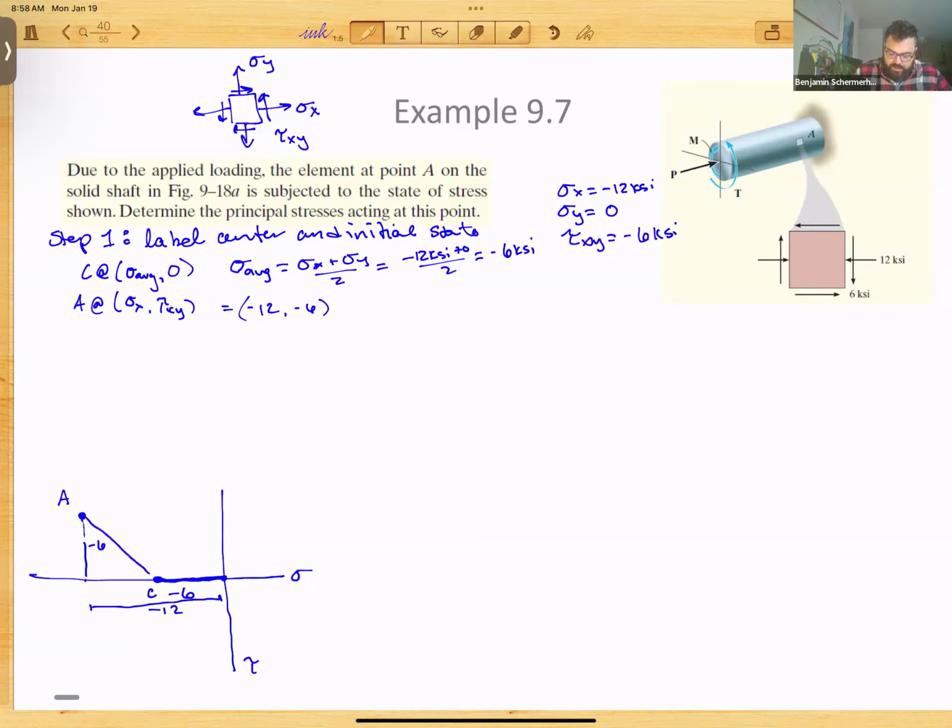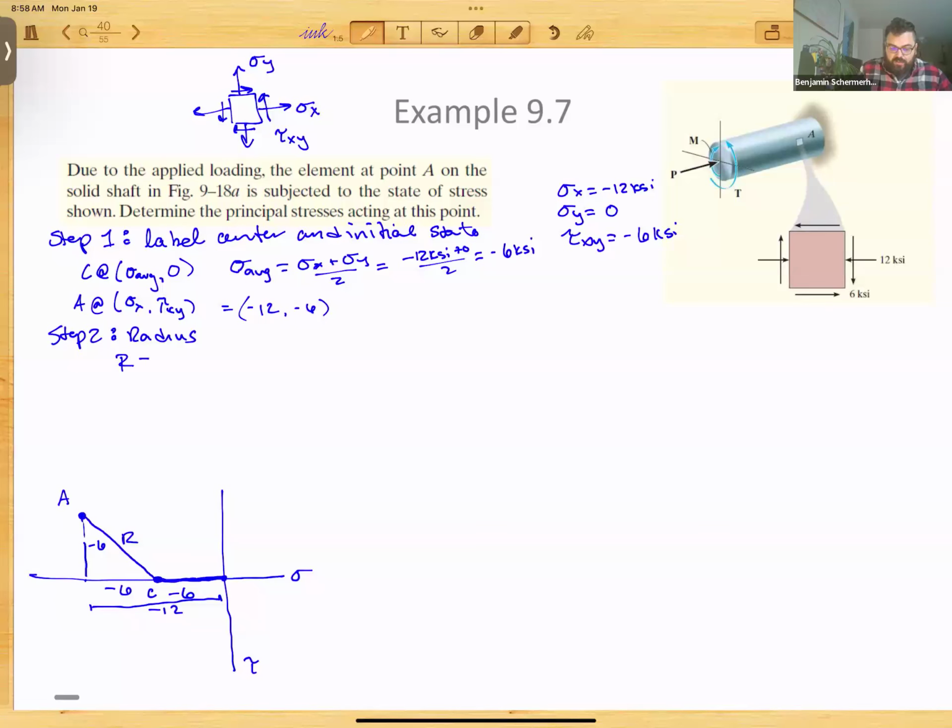Step 2 is the radius, which is going to connect points A and C. The point of doing the circle is that I can just look at this now and know what all of the values are that I need. It's going to be the square root of 6 squared plus 6 squared. That's all this is.